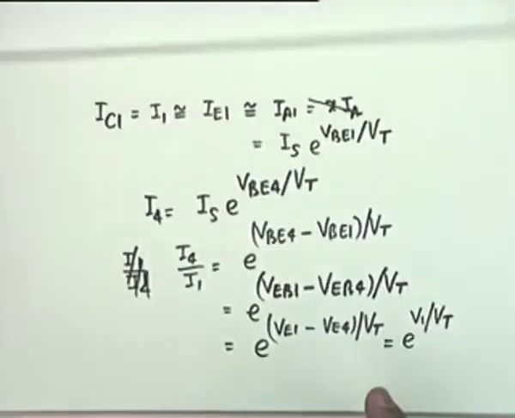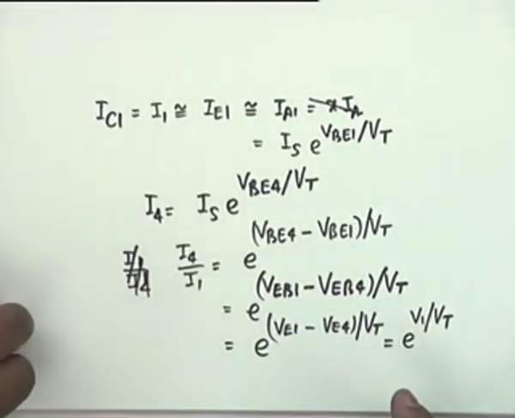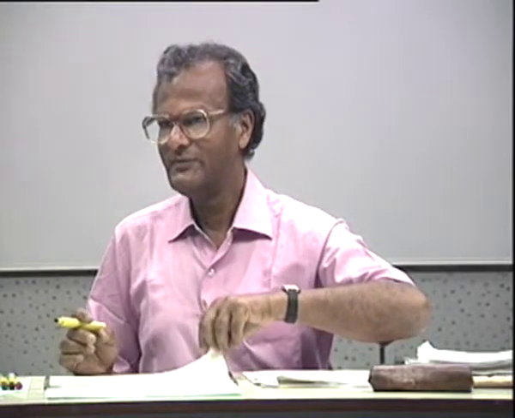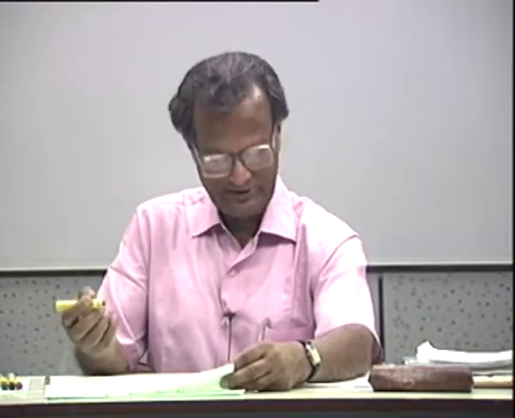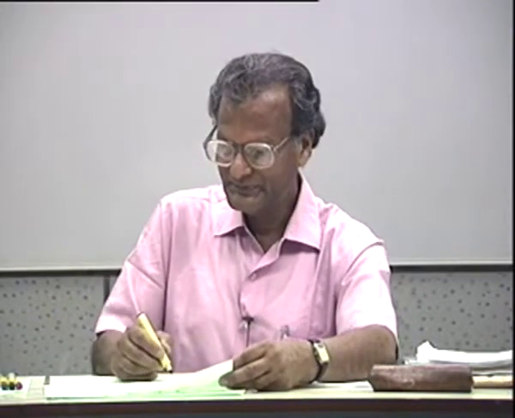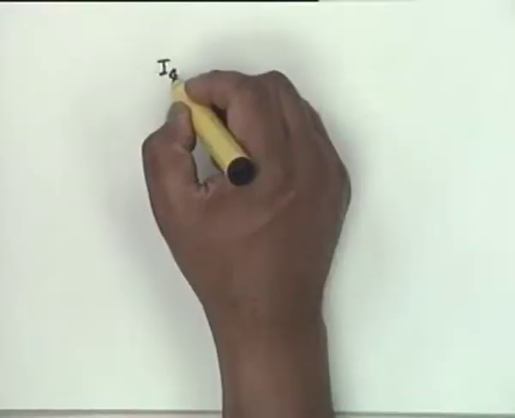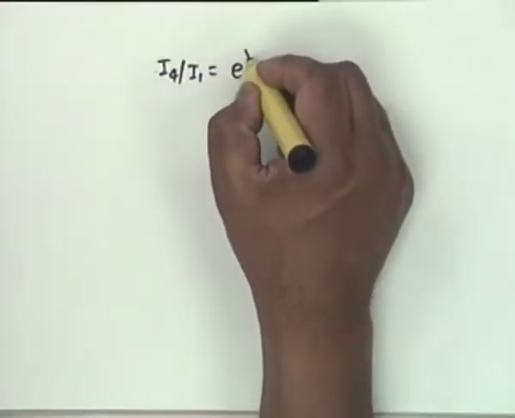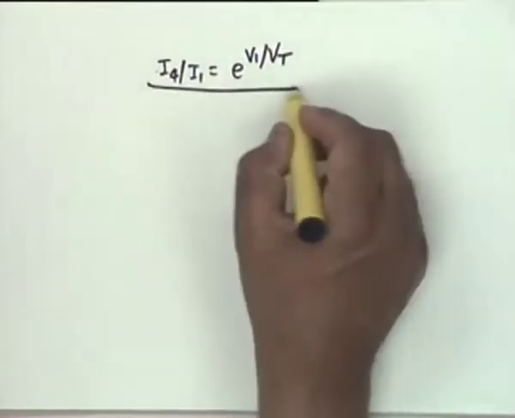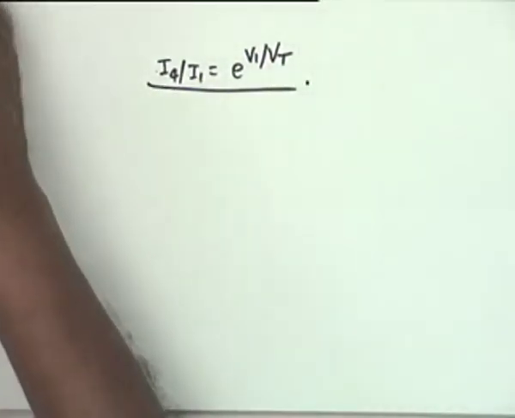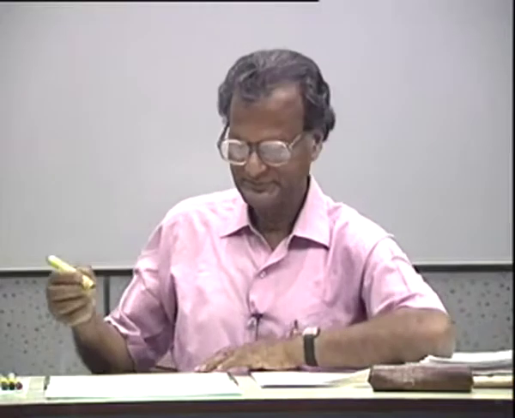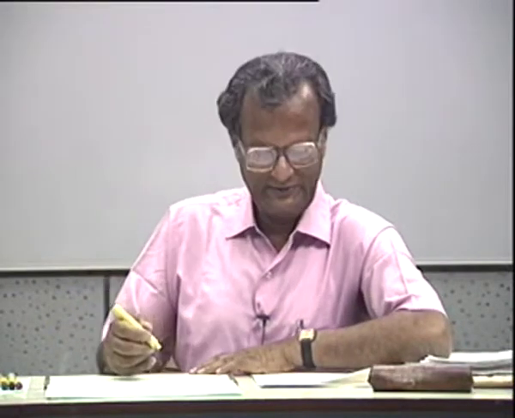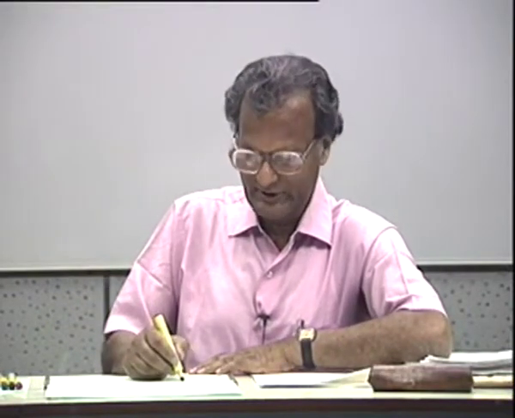Now let's draw this circuit in a little more simplified manner to emphasize this point, because much depends on this point. But you also notice that we keep this figure: I4 by I1 is e to the power V1 by Vt. Let's see where this V1 is. I'll draw this circuit in a little different manner to emphasize this point.